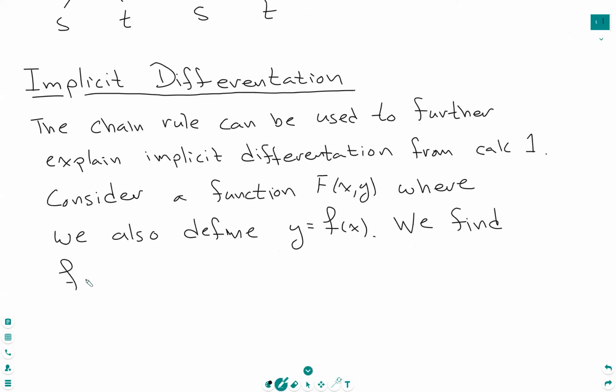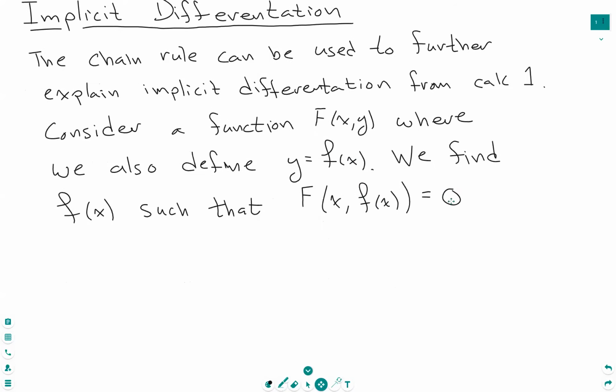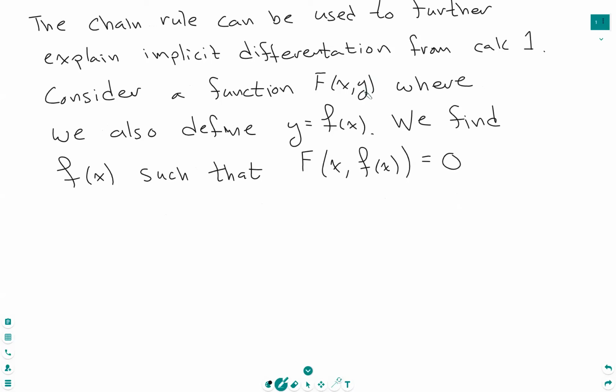We find this function f of x such that when we plug it in to our function of two variables, we end up with 0. So we're given this capital F function, and we define y to be a function of just x, so that when we plug it in to this capital F function, it ends up giving us 0. So capital F is inherently a function of only one variable at this point, right? Because we've subbed it in. But there's this intermediate variable y.